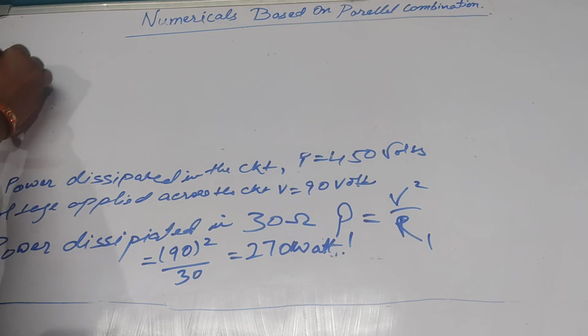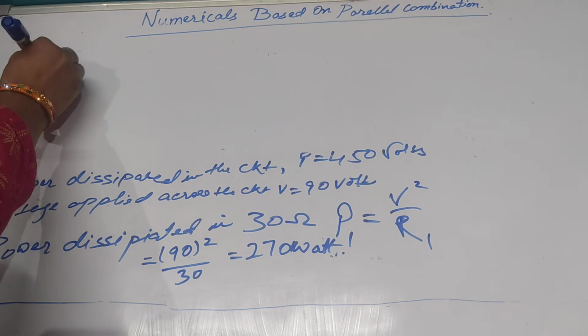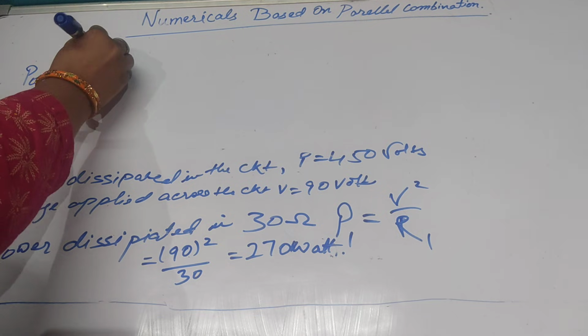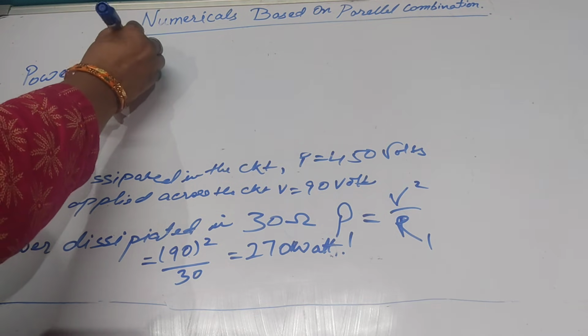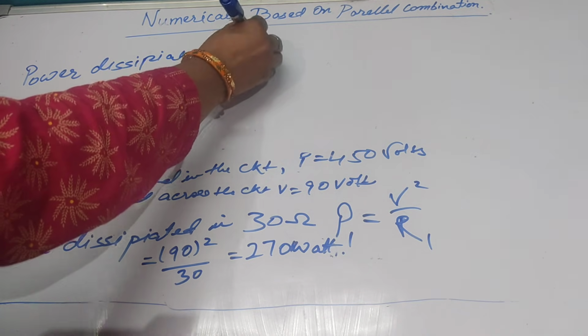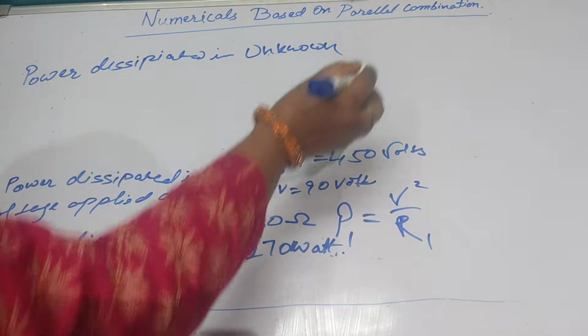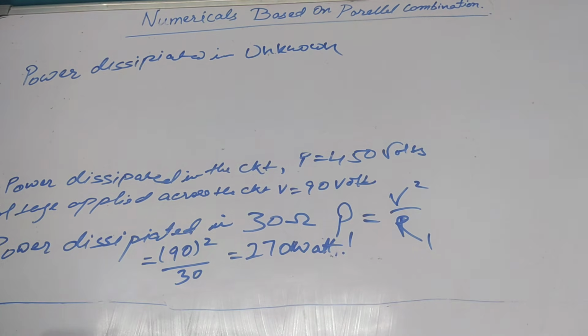Now, because only the value of one resistance is given, the second was unknown.